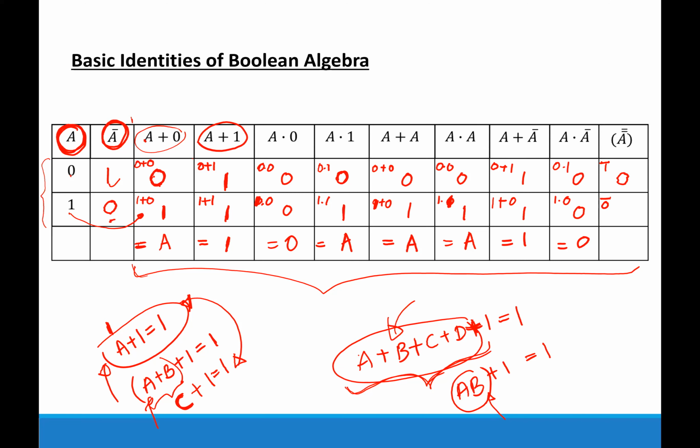We take the complement of that 0. You will get 1. What will happen? If we take the double complement, or the double bar, of any variable, the final answer is equal to the same variable. So you will get A for this one.